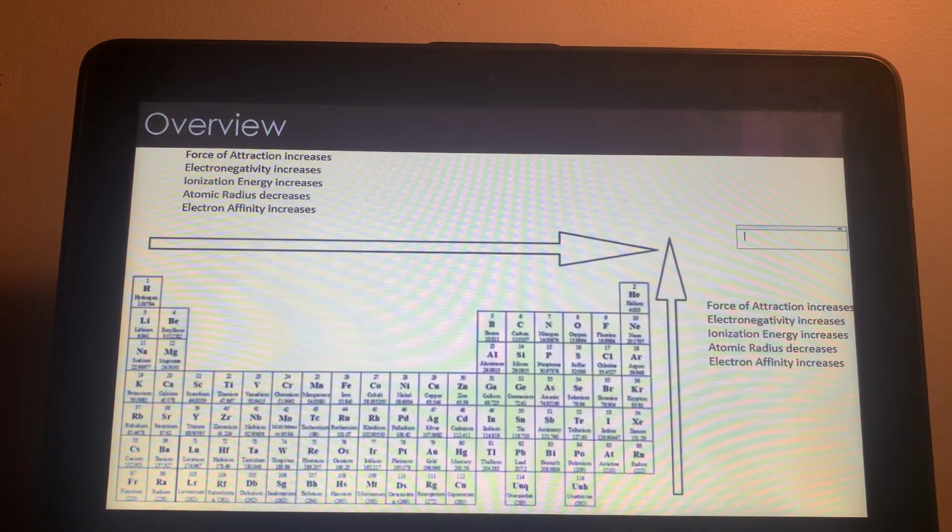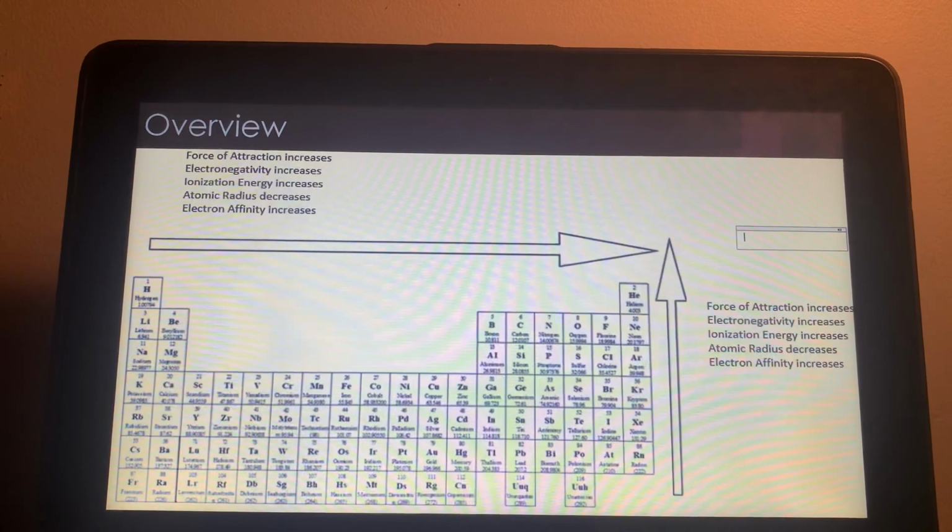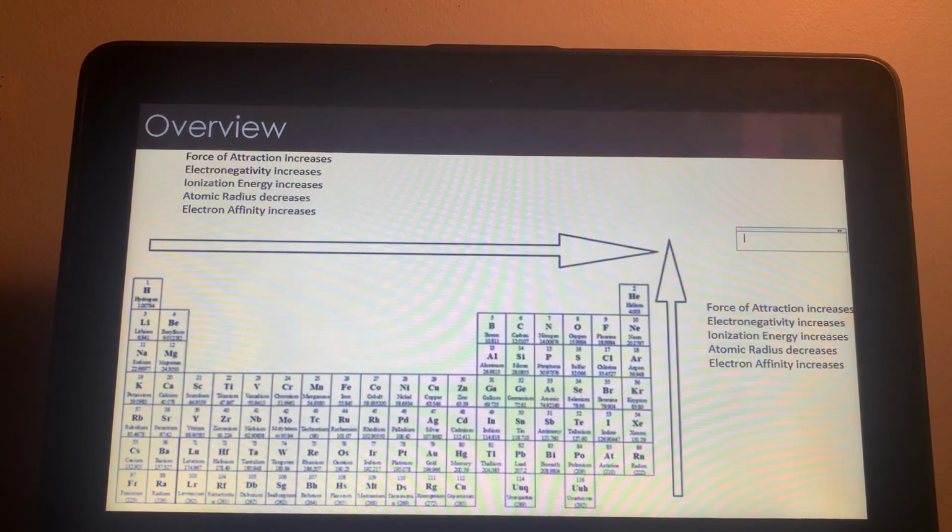So we know that nitrogen has a greater force of attraction, greater electronegativity, greater ionization energy, and greater electron affinity than aluminum, but it has a lower atomic radius than aluminum. And aluminum has a lower force of attraction, lower electronegativity, lower ionization energy, and lower electron affinity than nitrogen, but it has a greater atomic radius.